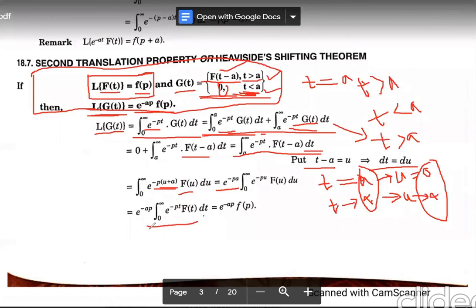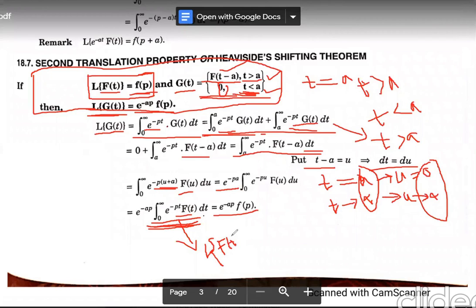So this is nothing but the definition of Laplace transform of f of t. This integration is nothing but the Laplace transform of f of t, just the definition, if you remember.